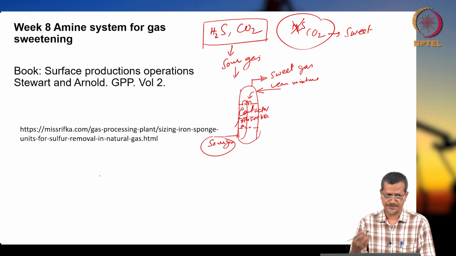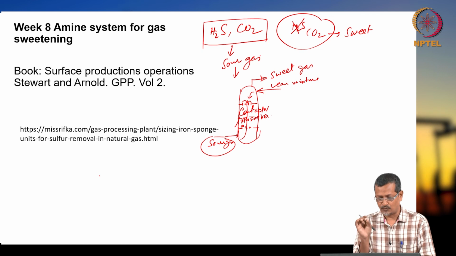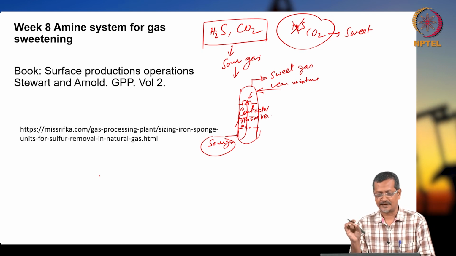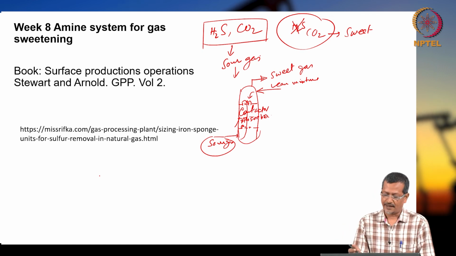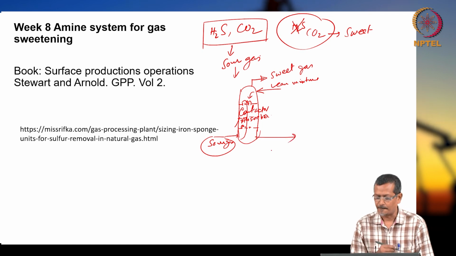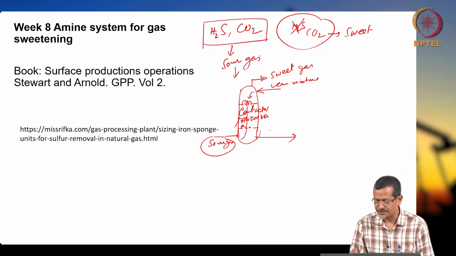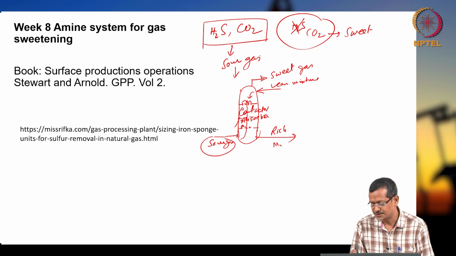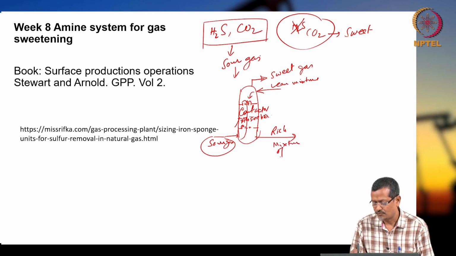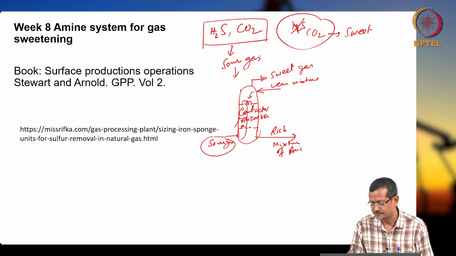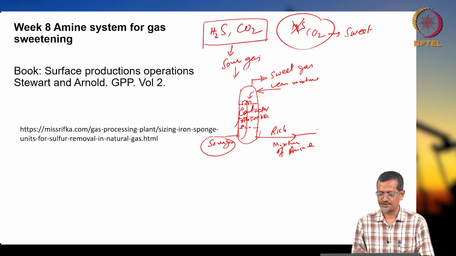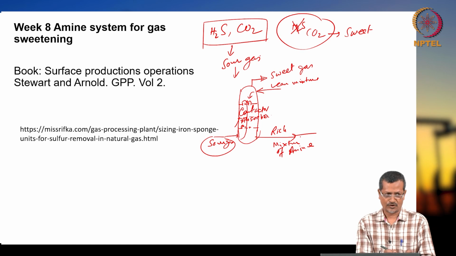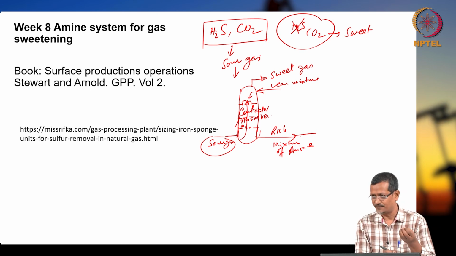Rich amine mixture means it has more H2S. H2S will react with the lean mixture of amine, and then it will go out from the bottom. So this is the rich mixture of amine, which has lots of H2S and CO2, because it has reacted.